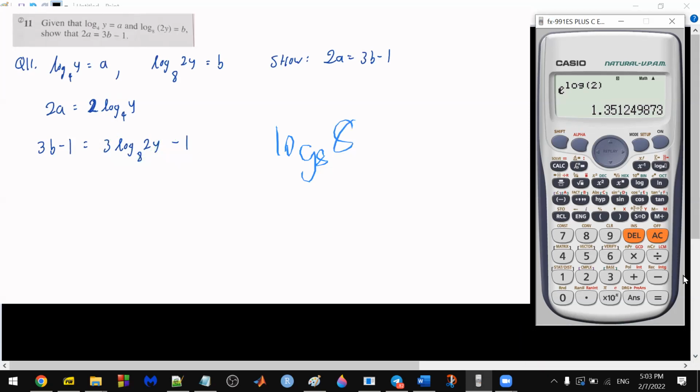Yes, correct. You have to make sure that the 1 and the log 8 must be combined together. So you need to rewrite it as log 8 base 8. Here there is actually a rule that I haven't introduced yet. It's called the quotient to difference rule, or difference to quotient.